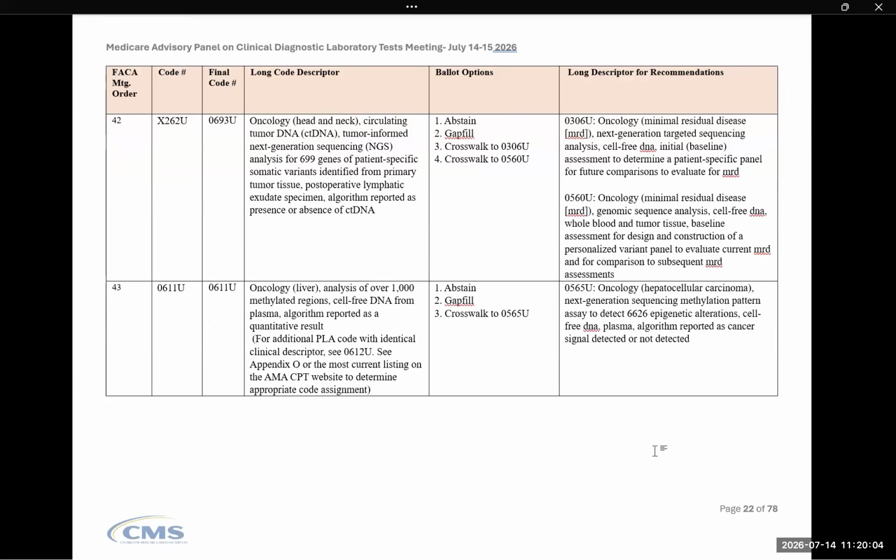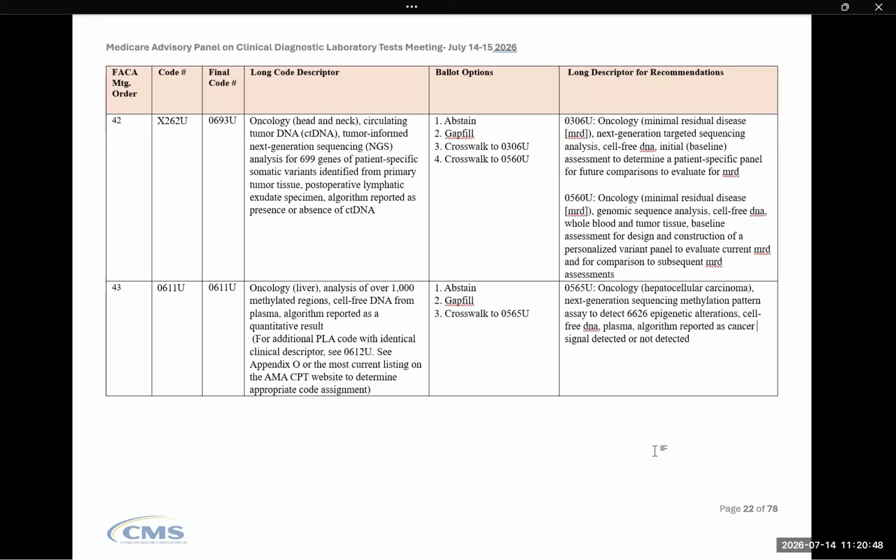Yes, 0693U is also for head and neck oncologic tumors, and it measures circulating tumor DNA, and it uses a personalized panel, tumor-informed next-generation sequencing analysis for 699 genes of patient-specific somatic variants identified from primary tumor tissue, and the source is post-operative lymphatic exudate specimen, and the algorithm is reported as the presence or absence of circulating tumor DNA.